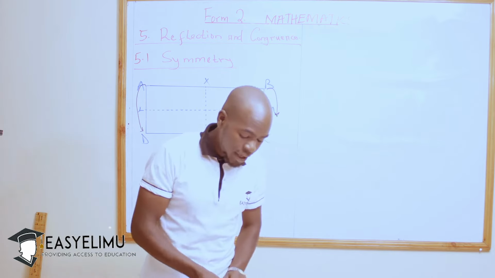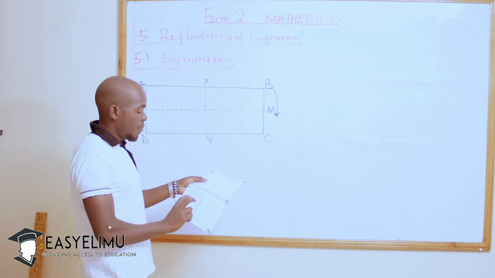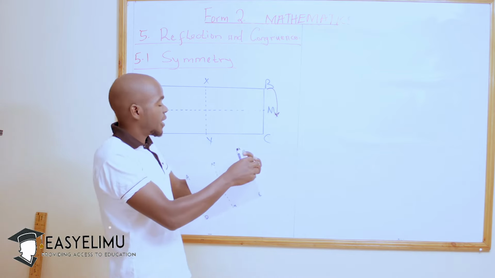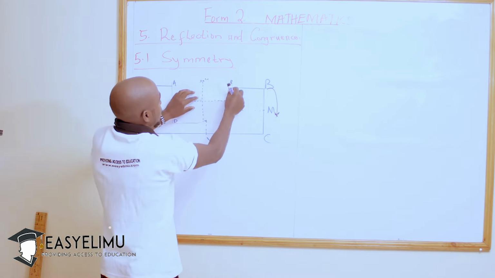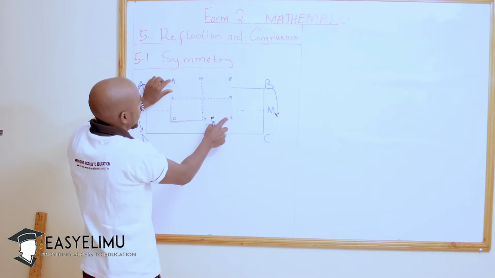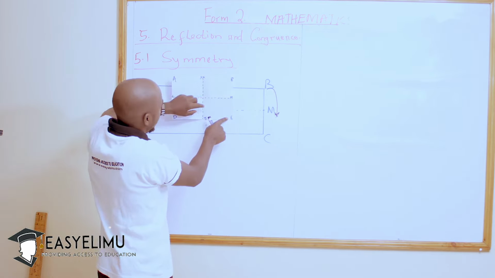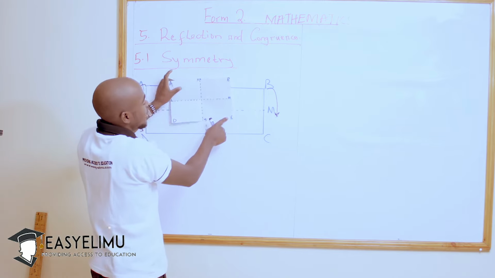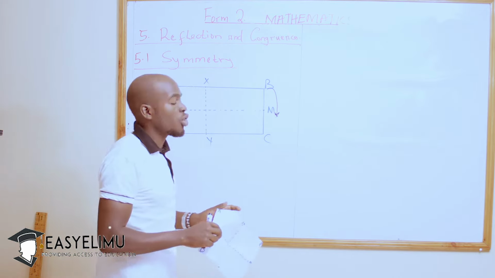For example, I constructed one here. I have a piece of paper resembling a rectangle, as you can see. In case it's on a board, you will find that this is a rectangle having points A, B, C and D, just as it has been drawn on the board.